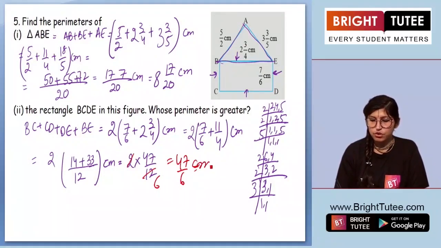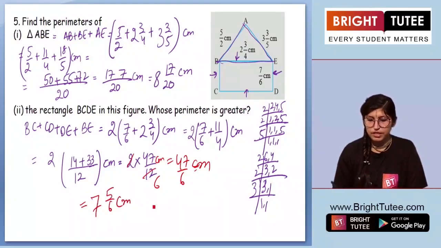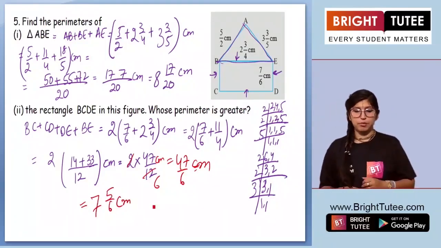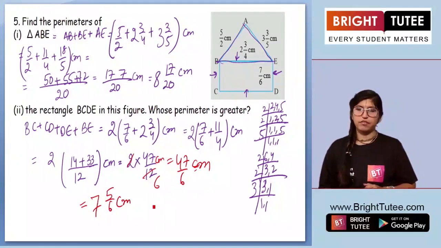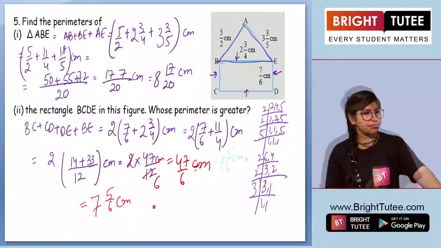To convert into a mixed fraction, 6 sevens are 42. So we'll be getting 7 5/6 centimeters. So the perimeter of the rectangle BCDE is 7 5/6 centimeter.